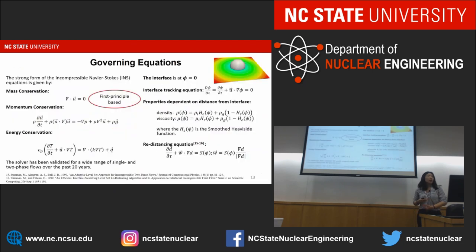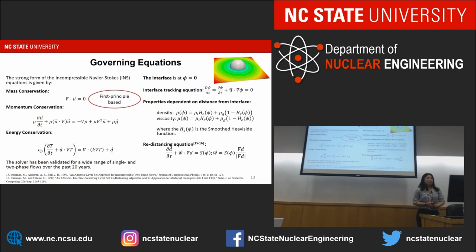The governing equations used in FASTA are the 3 conservation laws. It's a first principle based solver. And the interface tracking method used in FASTA is called the level set method. The level set method uses the level set function to describe the distance from the interface, and the interface itself is set to be zero.